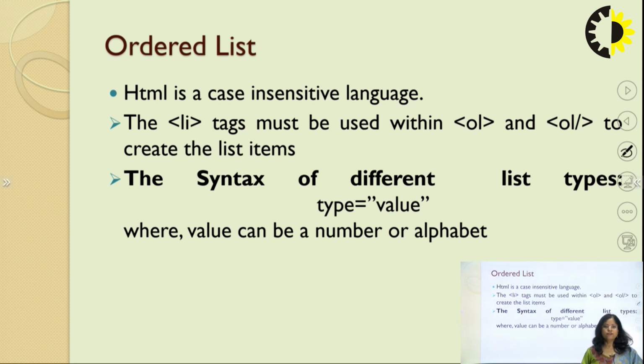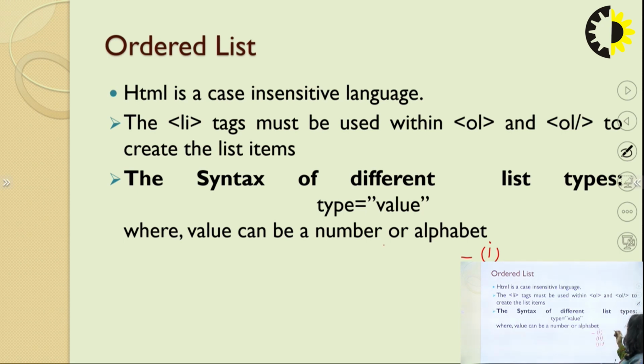If we want some type of order between the elements of a list, then we can use type is equal to value. This type can be a number or alphabet. If we are using the number, then we get numbers in numeric form.